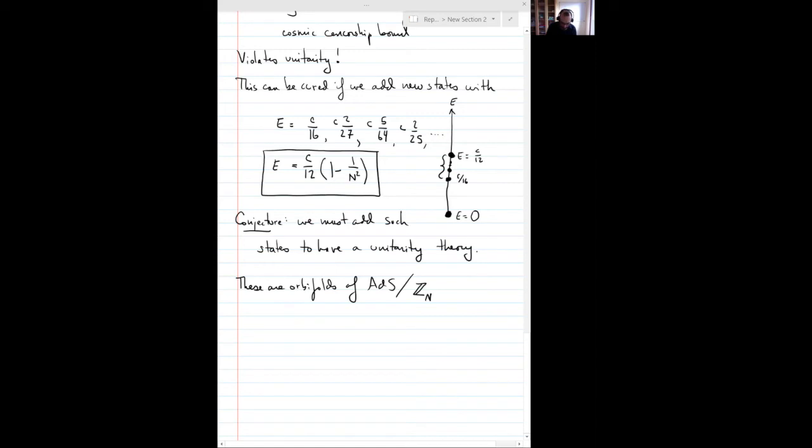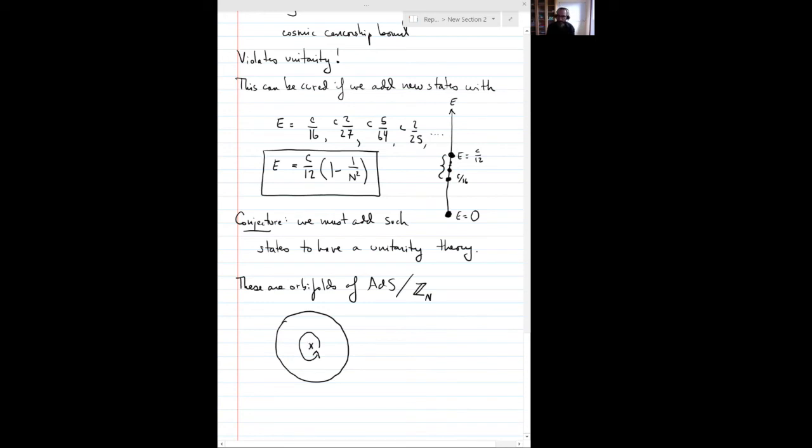In particular, if you look at the constant time slice of AdS, a top-down view, which is the hyperbolic disk, then you can quotient by a rotation by an angle 2 pi over n.